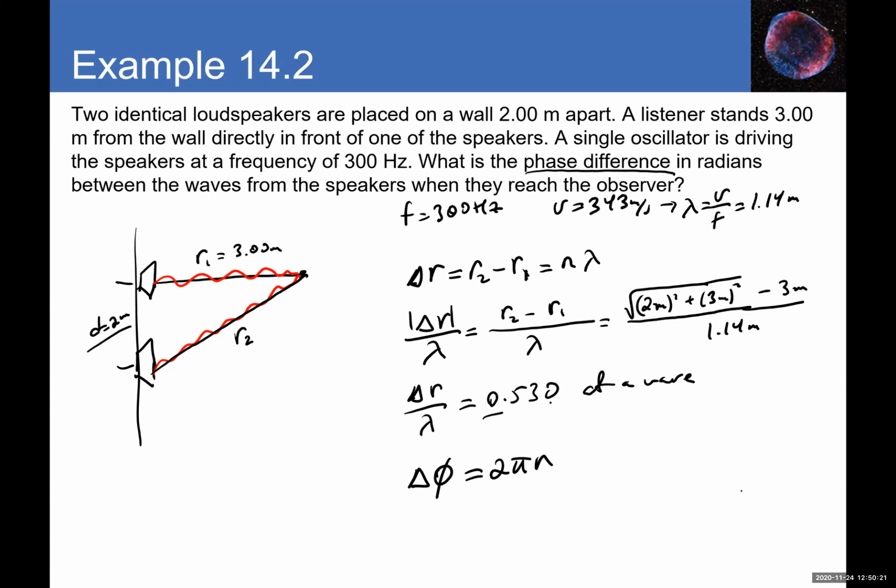We just calculated our n, so this equals 2 pi times 0.530, and we get 3.33 radians. And that's our final answer. So that's the phase difference between the waves from the speakers when they reach the absorber. That means they are shifted by 3.33 radians from one another.